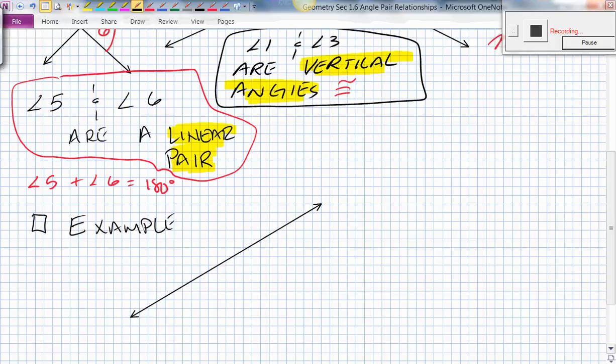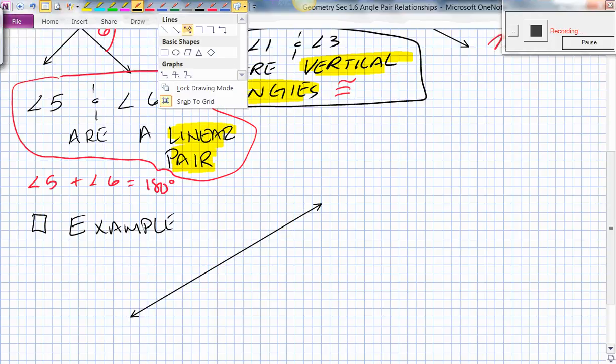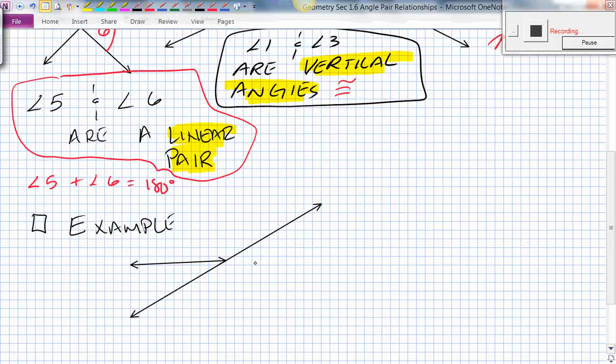Give yourself two more intersecting lines, like I have here. And I'm going to put some points on those lines. So I'm going to call this point A. Where they intersect, I'll say E. Call this D, B, and then C over there.